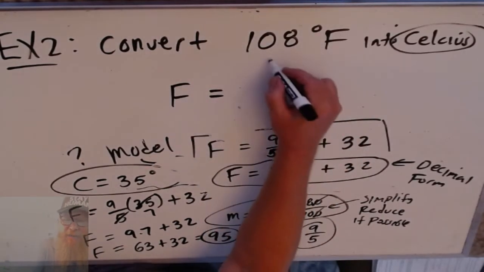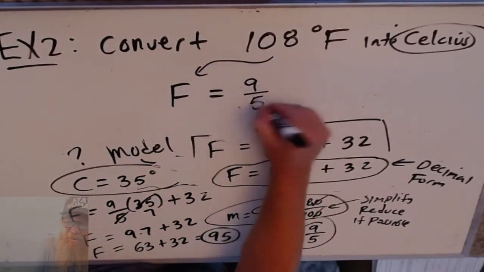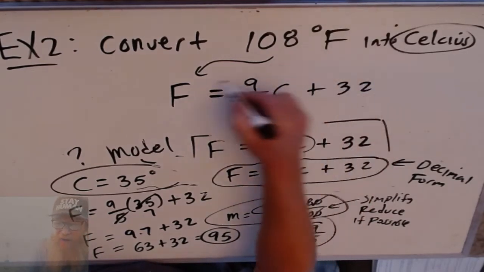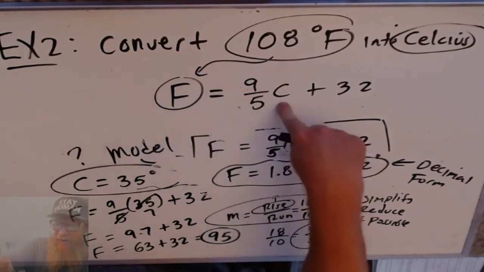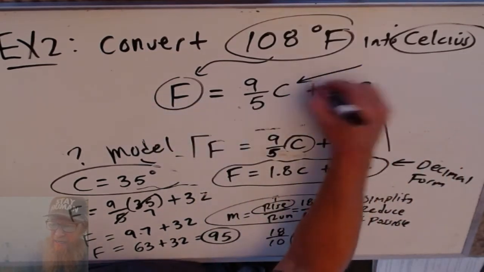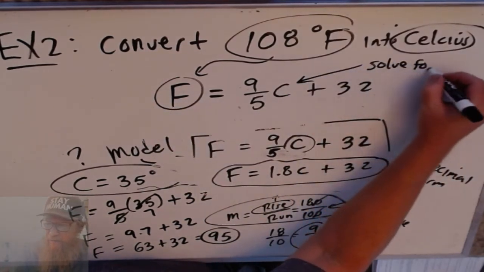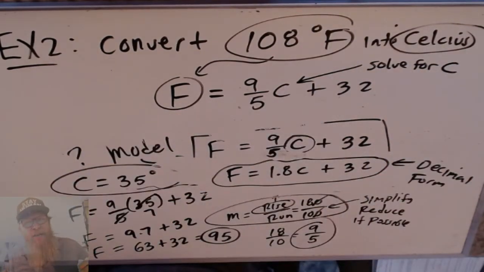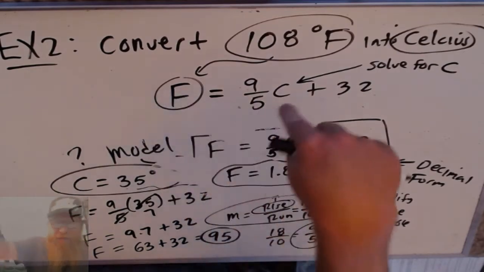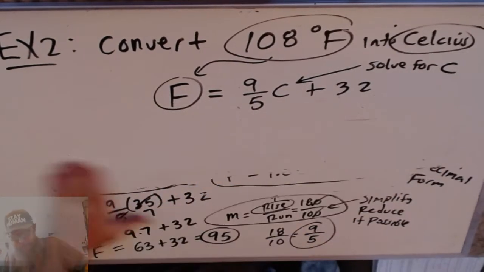So this time I'm giving you the Fahrenheit. So you're going to plug into the F and solve for C. So you're just basically going to reverse this process by plugging in F and figuring out what C is.